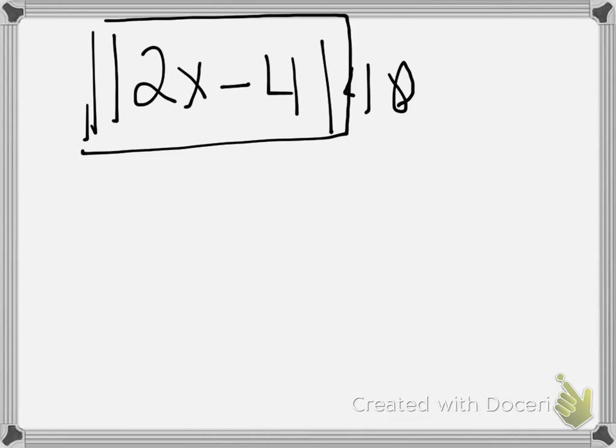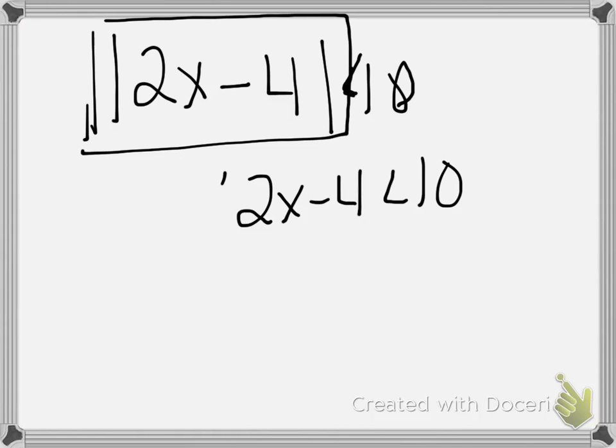I will show you an example of that in a little while. Since this is already by itself, we look at our symbol, which is strictly a less than this time, which is still an and. So we're going to say 2x minus 4 is less than 10, and then we put the exact same symbol and we put -10.